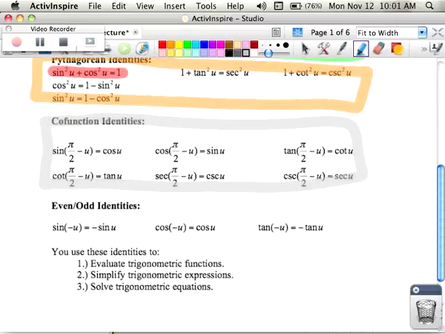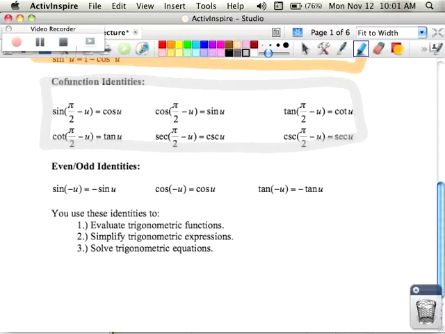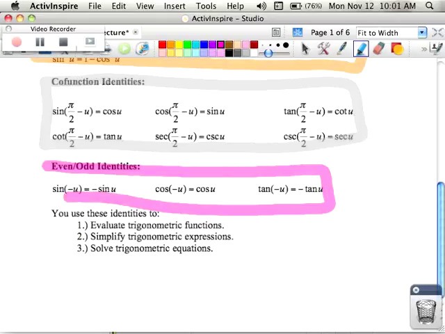So this gray stuff we kind of know mentally, but we don't really do a lot with algebraically. And then the last one, they talk about the even and odd functions. Even and odd means what does it look like when you graph it, and does it have any symmetry. The ones that are odd are the ones where you see the opposites on the outside. So the tangent and the sine are odd functions.